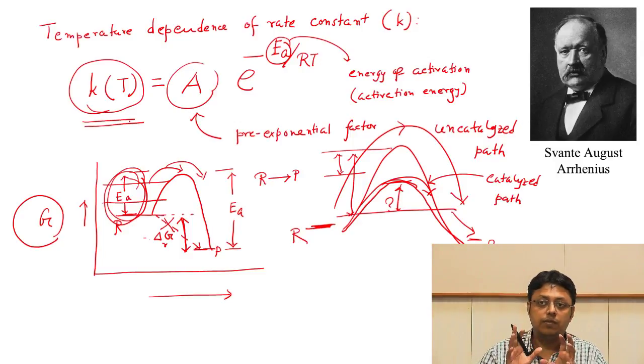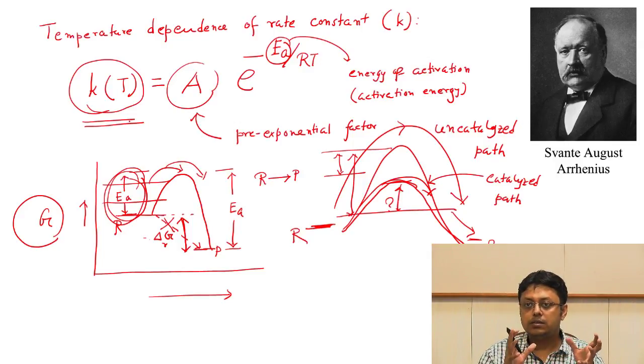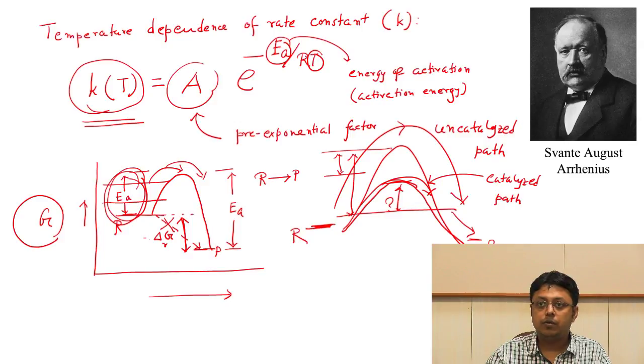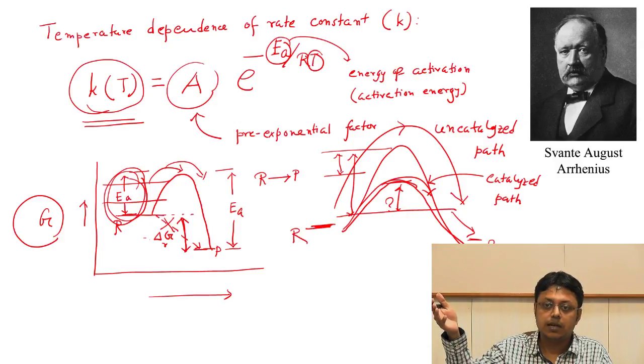So it discussed two different things. One is the temperature dependence of the rate constant, which Arrhenius phenomenologically found, and he gave an equation which is known as the Arrhenius equation, and that depends exponentially on some energy, but there's a negative sign also. Now we can actually vary the temperature. We can increase the temperature to make the reaction more feasible, which basically increases the chances of crossing from the reactant to the product side.